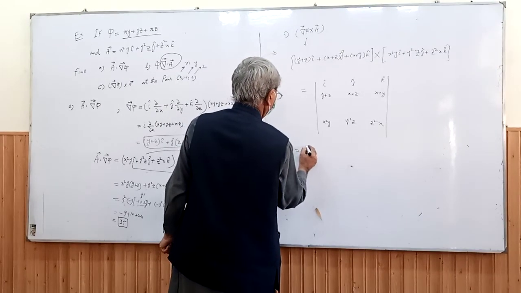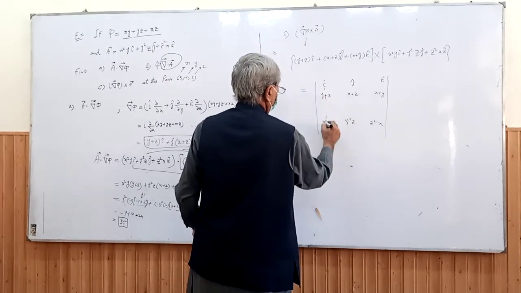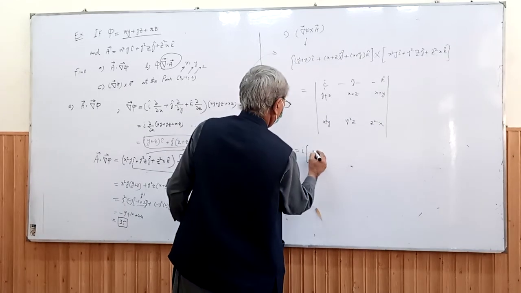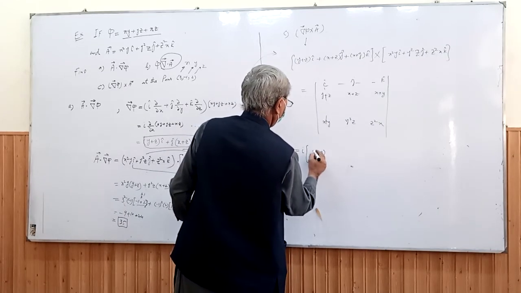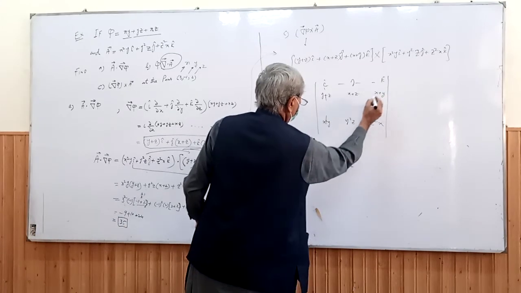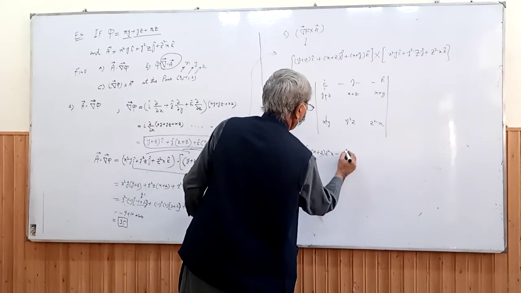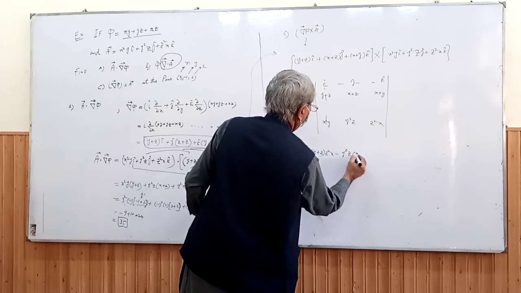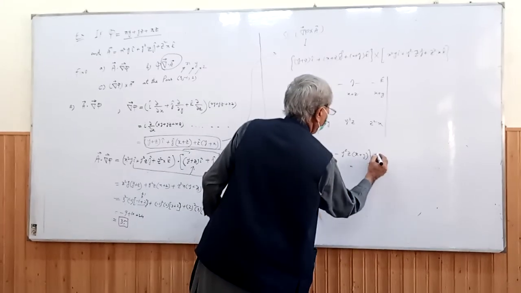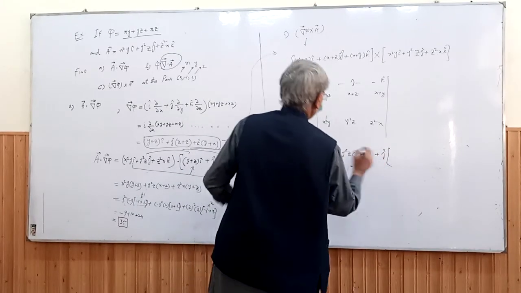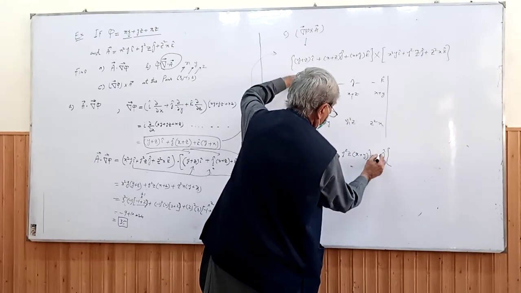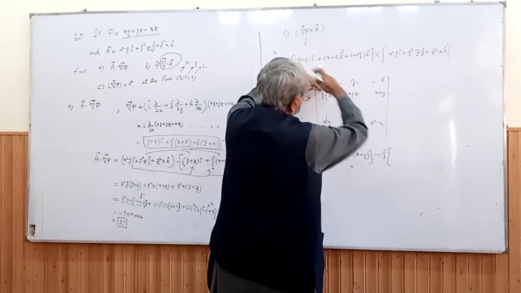You know how to open the determinant? i, this into this minus this into that, x plus z into z square x minus this into that, y square z into x plus y, plus j. Then this into this is with minus sign because we are coming from the same direction.